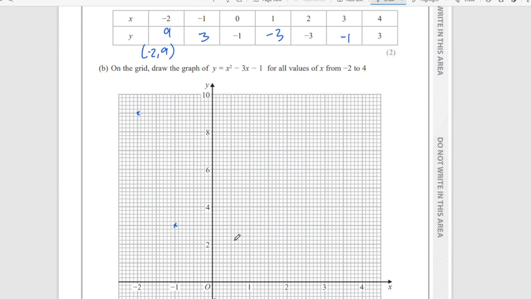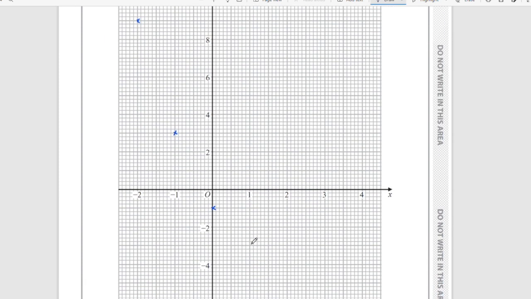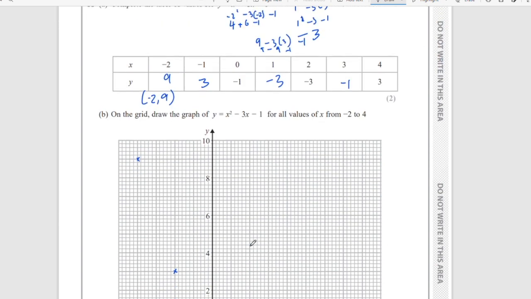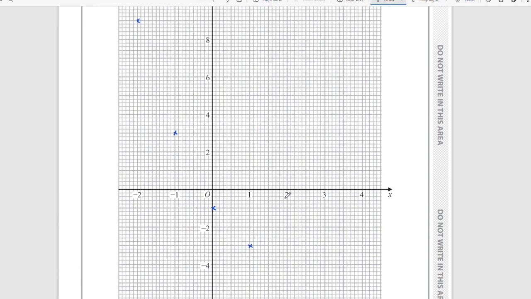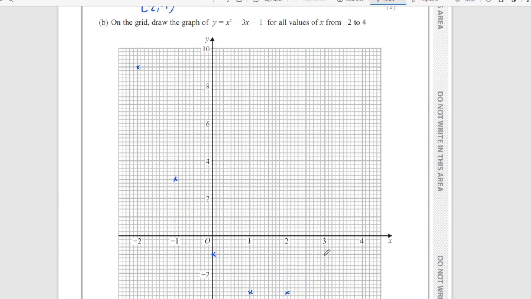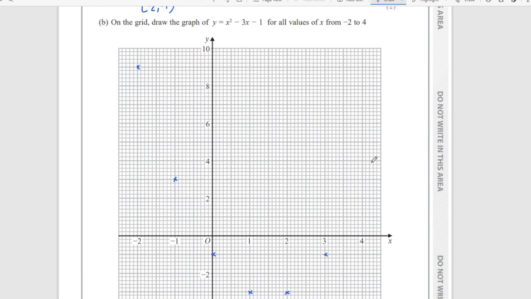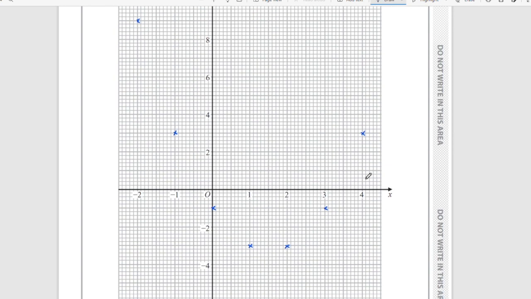Then we have 1 to negative 3, which will be here, and 2 to negative 3 will be here, and 3 to negative 1 will be here, and 4 to 3. So now when you join these points, your graph will look something like this.